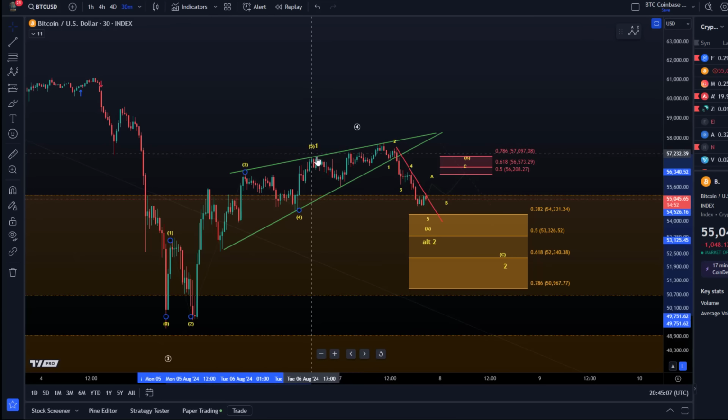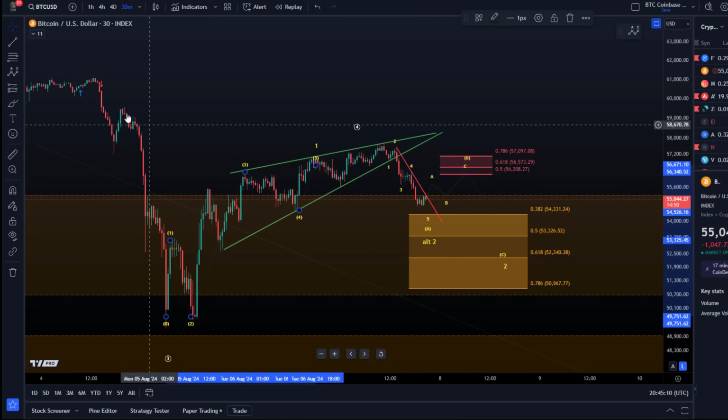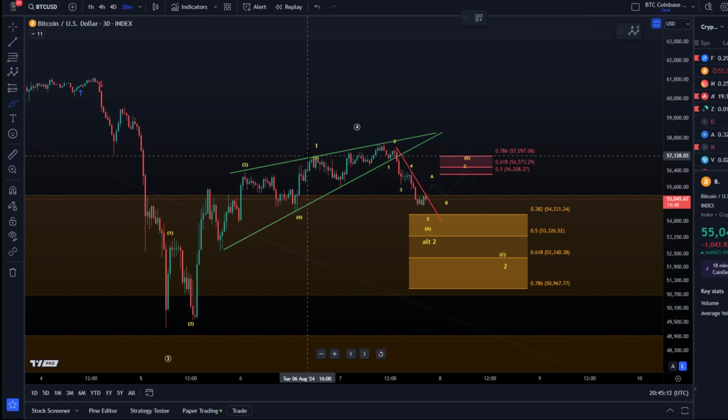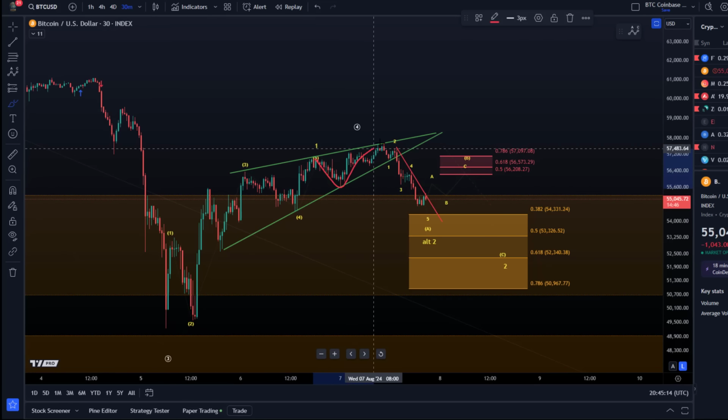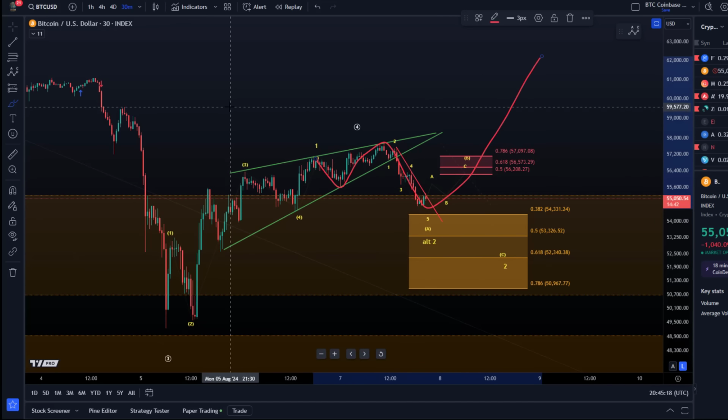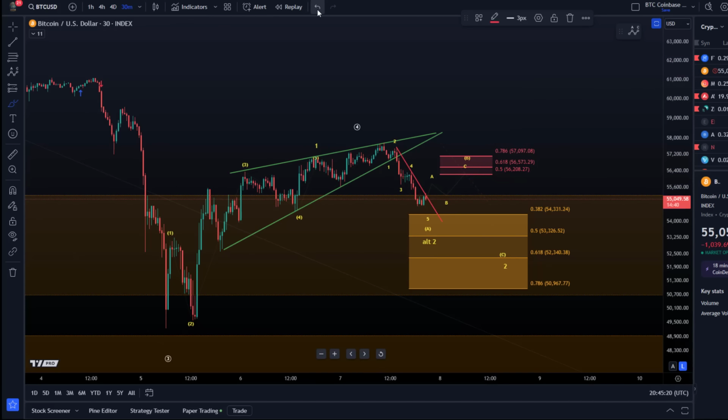So wave 5 of 1 topped already on Tuesday. And then I label that a little bit differently: A wave down, overshooting B wave, C wave down, and we go more directly. Absolutely possible. So that's why we have the alternative scenario listed here.